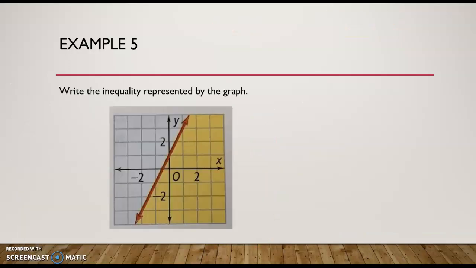All right, here we're going to write the inequality represented by the graph. One thing that I noticed is my pen had disappeared, but now it's back. I know it's a solid line, so I know that I am equal to.